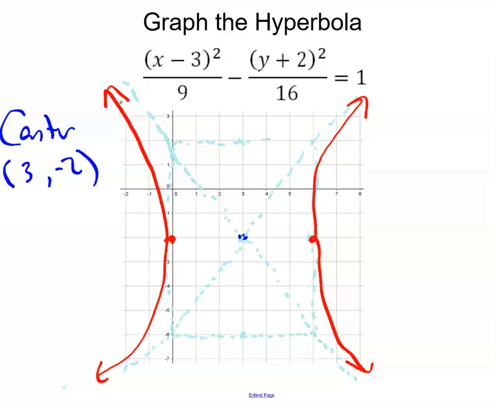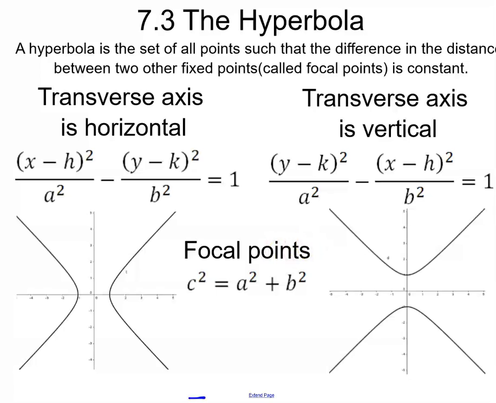All right, now the directions don't say this, but I'm going to go ahead and do it just because it'll help us when we get to the equation writing part. So just going to look quickly at those focal points. So c squared, if you noticed on the previous slide, to find your focal points, there are similarities to the ellipse, but it's not the same.